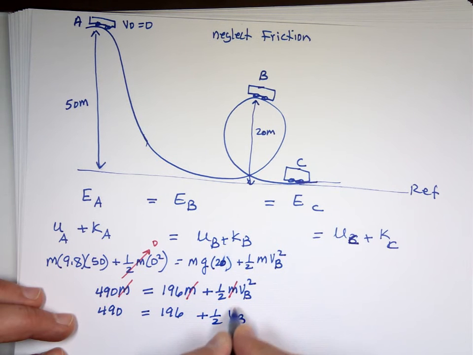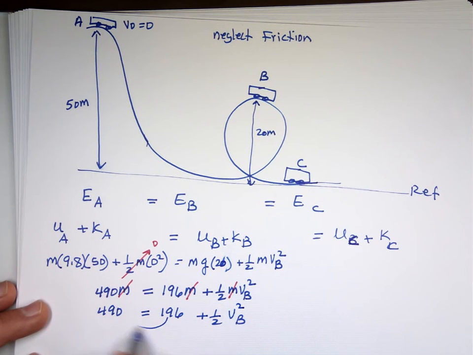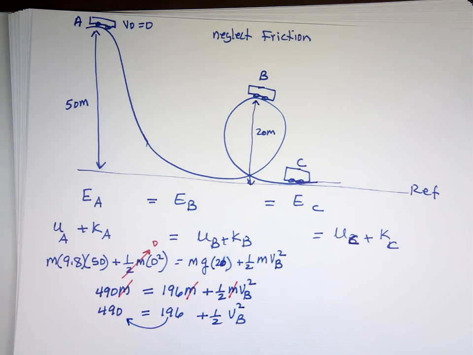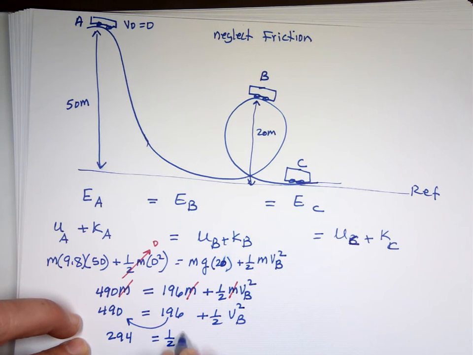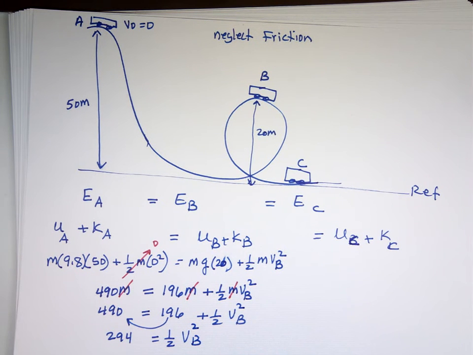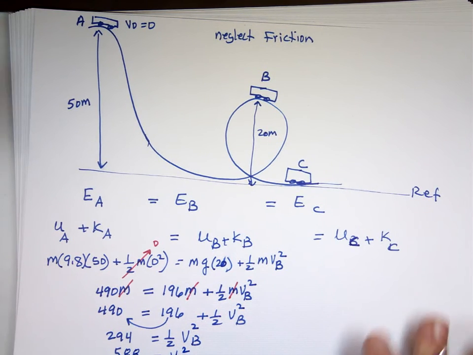Bring this one to this side, becomes a minus. 490 minus 196. 294 equals 1/2 VB squared, multiplied by 2 to get rid of the fraction. 588 equals the velocity of B squared. To get the velocity of B, what do we do? Square root it?